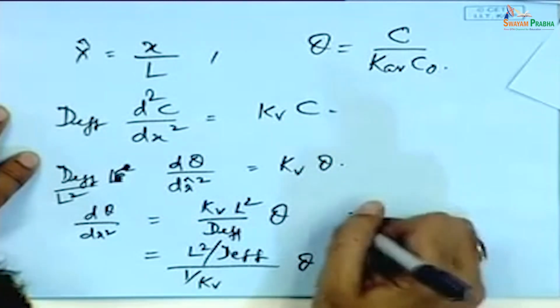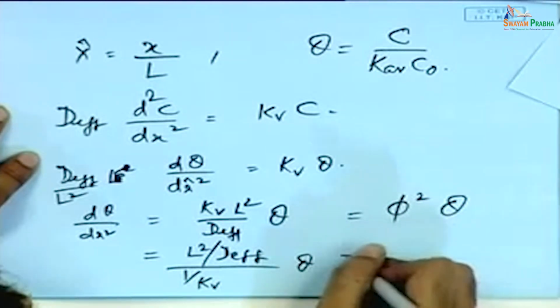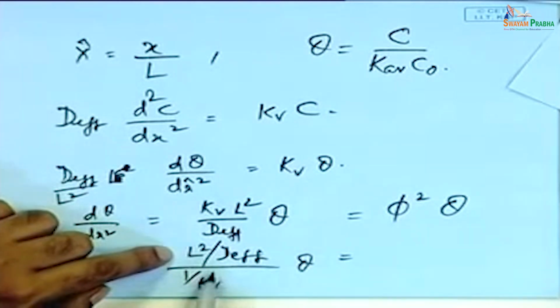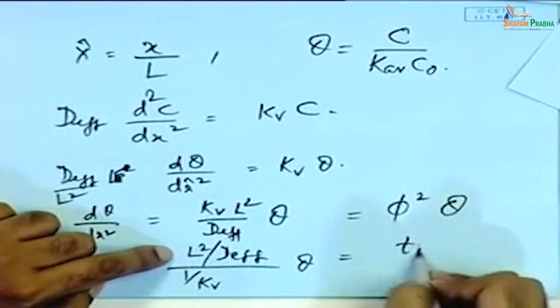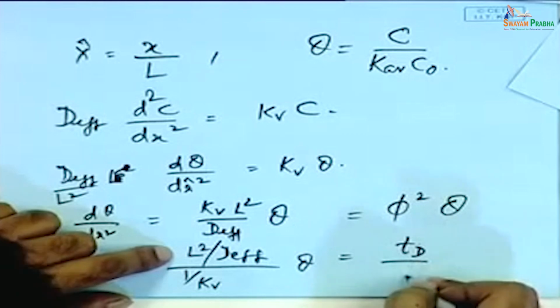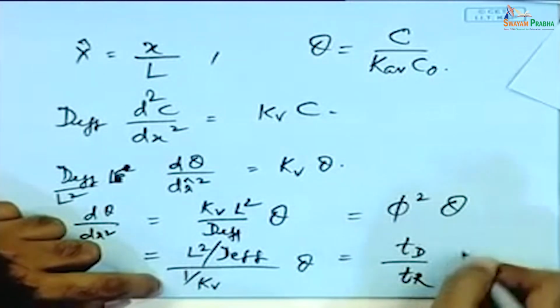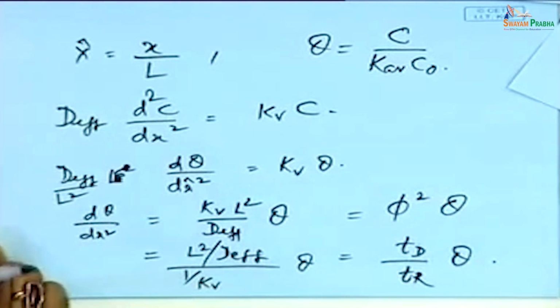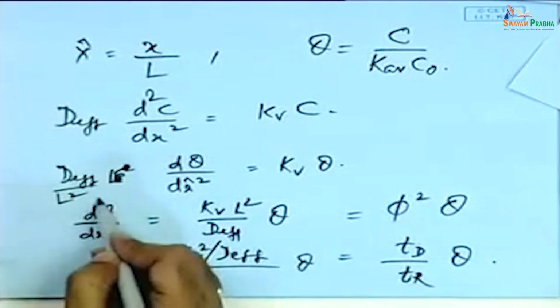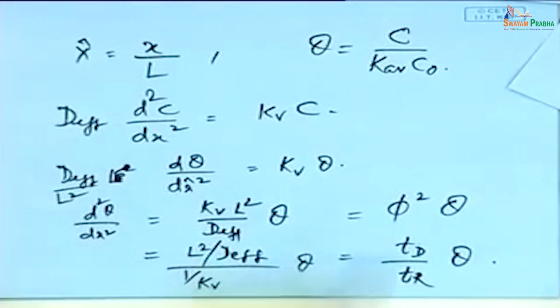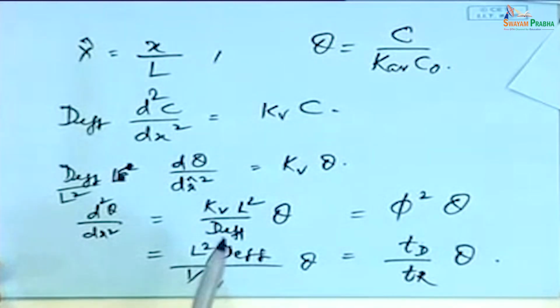So, this is phi square over theta. What is this term? L square over D effective is the TD, right? Transverse diffusion time. This is the transverse reaction time. So, you get theta phi square. So, this is your basic equation, del 2 theta del x square equals phi square times theta, and phi square is kV L square over D effective, and that's the ratio of the transverse diffusion time over reaction time. Fine.